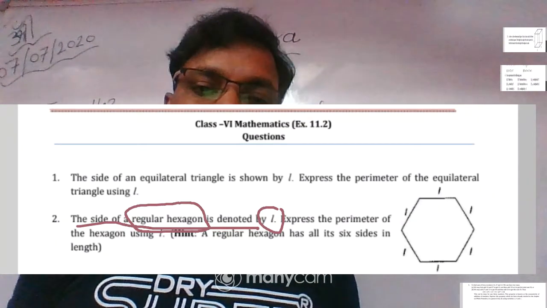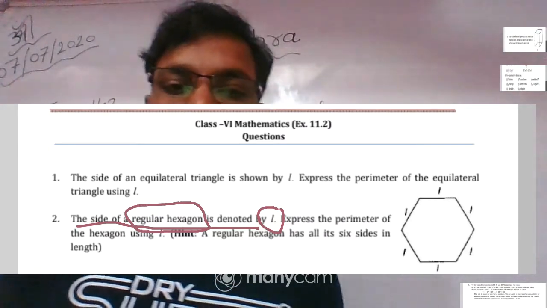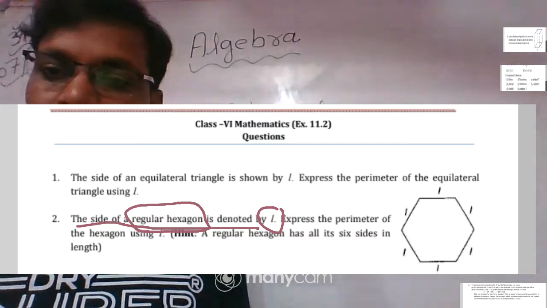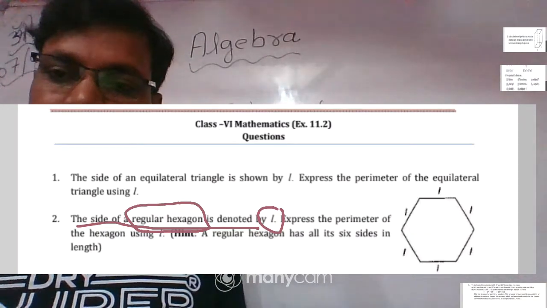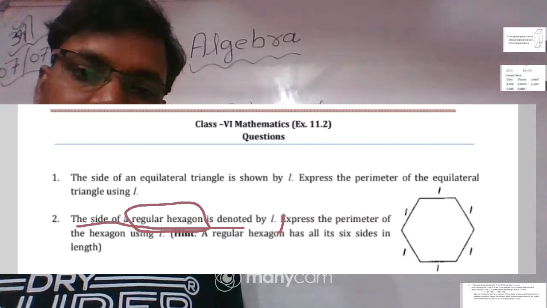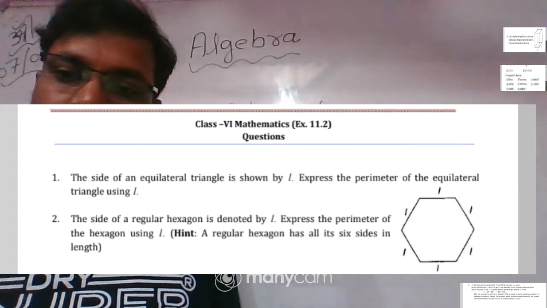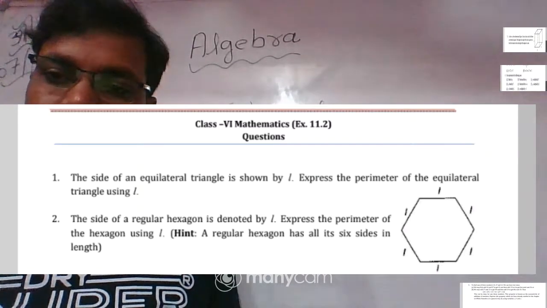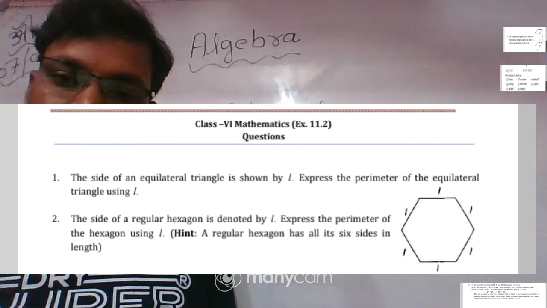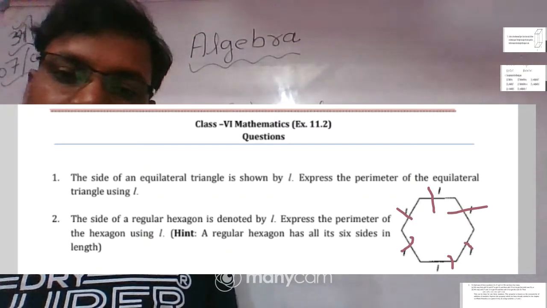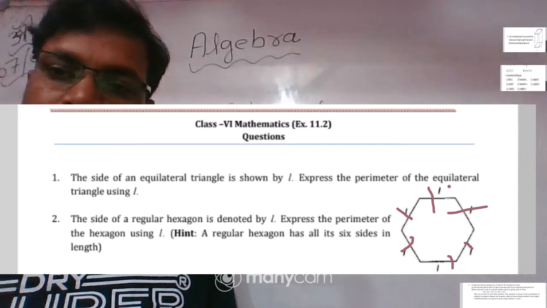Okay. So here the side of regular hexagon is L. So we find the perimeter. Okay. So regular hexagon has six sides, they are equal. So let's see how to solve it. You can see here this side, this side, this side, this side, and this side are equal, they are L. Okay.